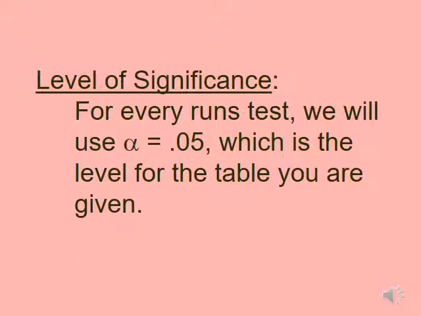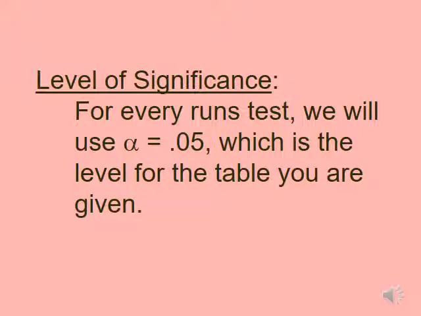And I also put in Canvas a runs test table. That table actually is in the back of your book also, but it's just sometimes easier for people to use it as a handout or online, and so that's why I put it there. That runs test table is set for the 5% level of significance, so that's what we're always going to use.